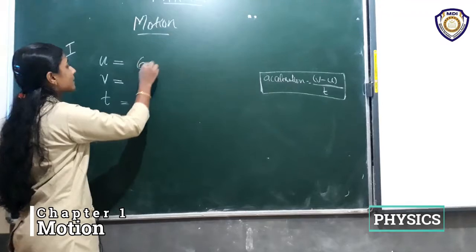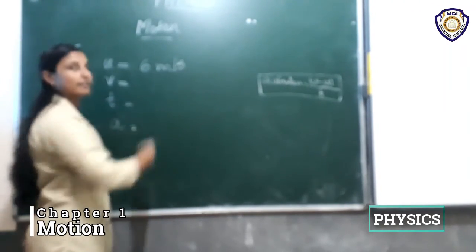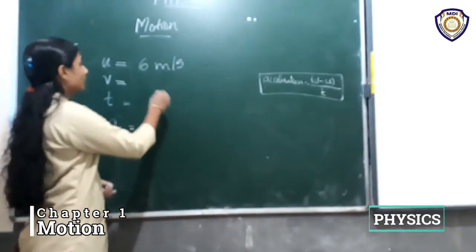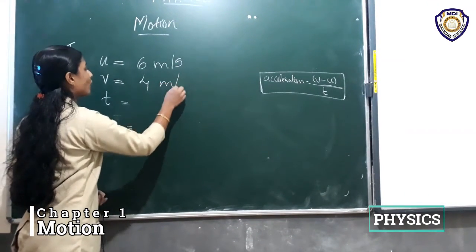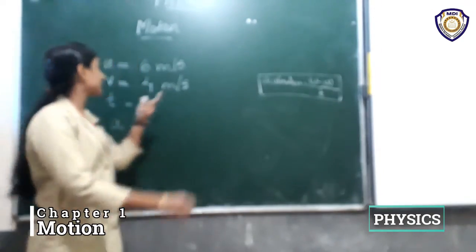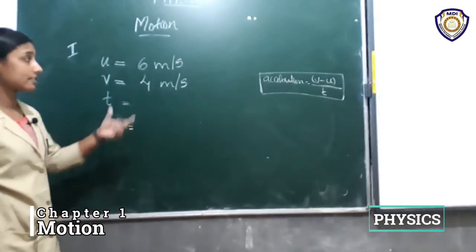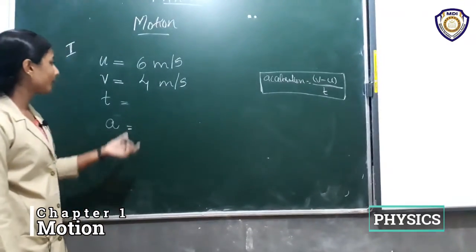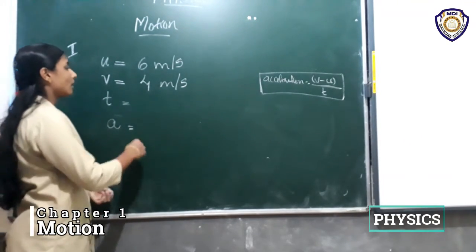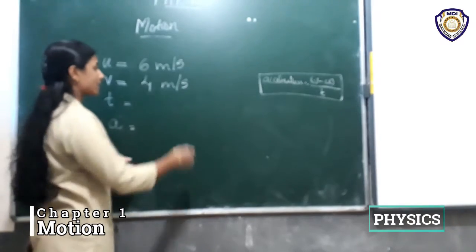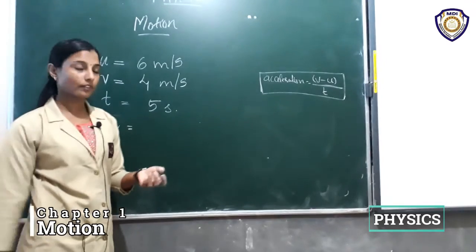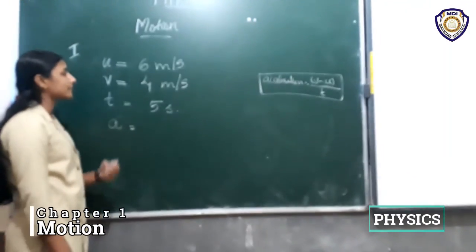Then it comes down to 4 meter per second. That means 4 meter per second is the final velocity of the bicycle in the second case. And the time taken is 5 seconds. So what will be the acceleration?